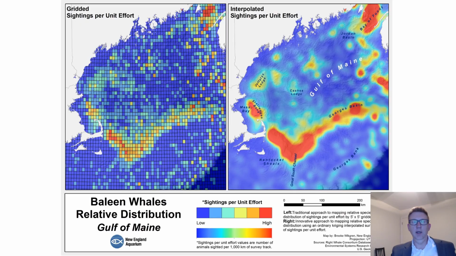This is one of my favorite visualizations of this problem. This comes from a species distribution map of baleen whales produced by the New England Aquarium. On the left pane, something like what we've looked at so far. This is a gridded mesh of observations: what we saw, where we were when we saw it, and we try to estimate where those species are.